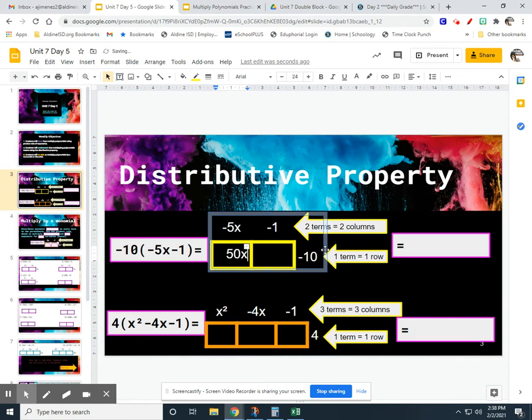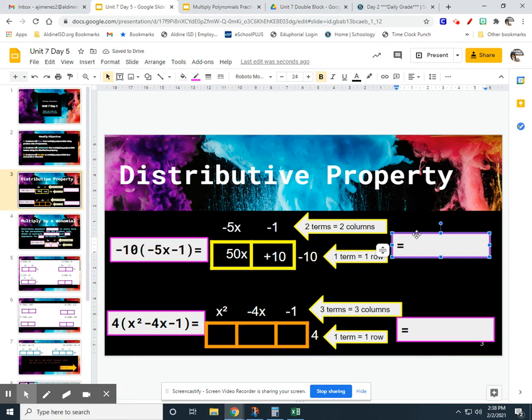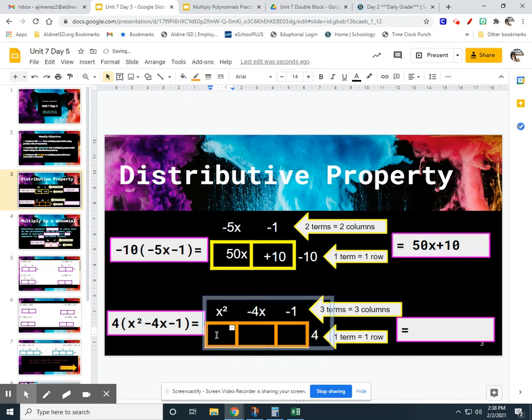Notice I didn't say anything about the x because you're not multiplying by another variable, so the x just gets brought down. -1 times -10 is +10. That means that together my answer will just be 5x plus 10. 50x, I'm sorry.